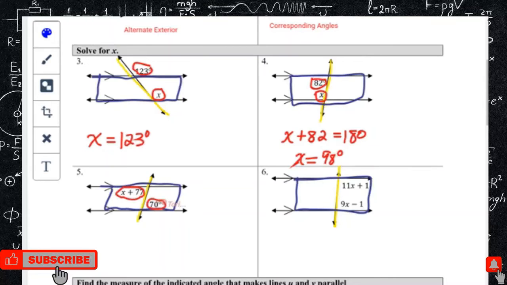That's going to be alternate interior angles, and those guys are going to be congruent. So x plus 77 equals 70. And we need to solve that for x. Subtract 77 on both sides, and x is going to be -7.